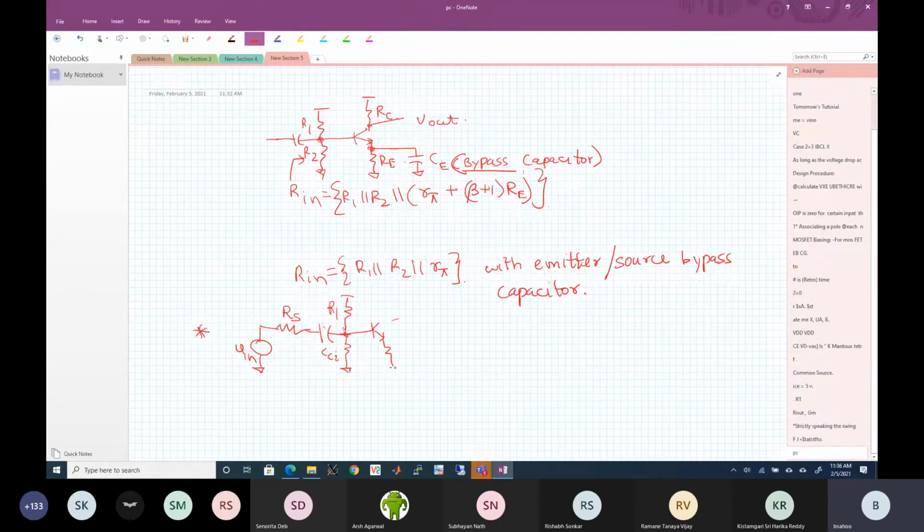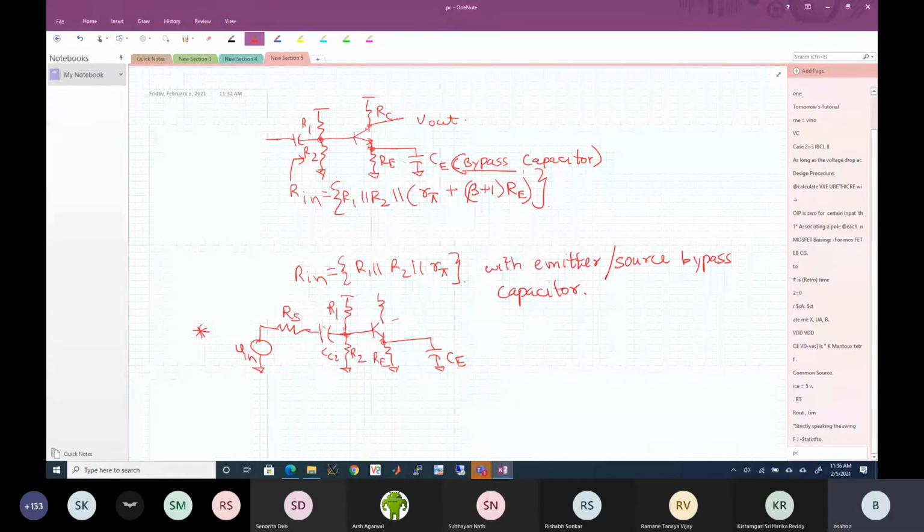I will draw the exact circuit that we'll be using now, which gives us gain and bias stability: RE, this is R2, RC, CCO, and finally Vout is this. So when we are doing this, if I have a scenario like this, under what condition will the maximum, so I have to find Vout over Vin.